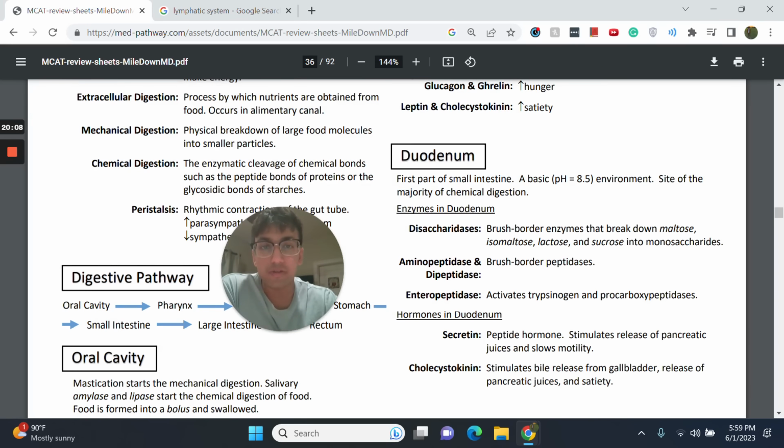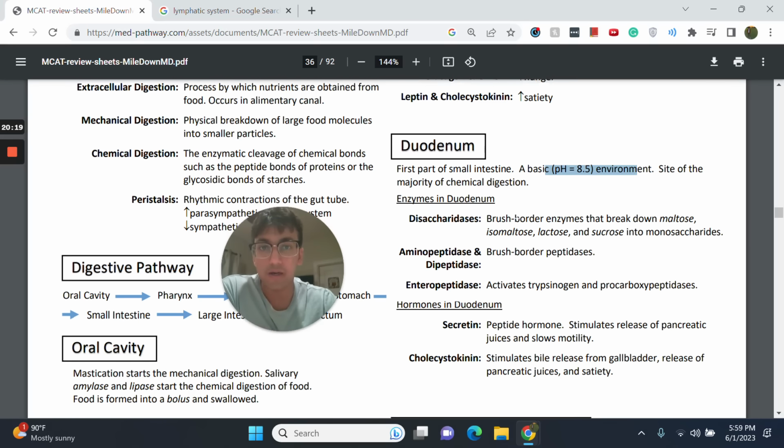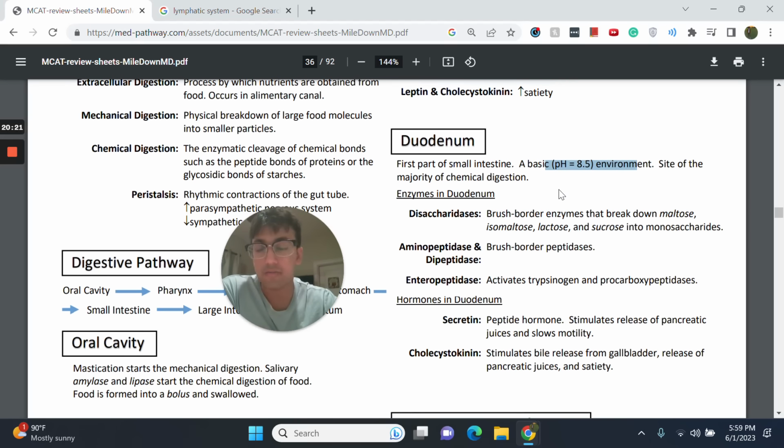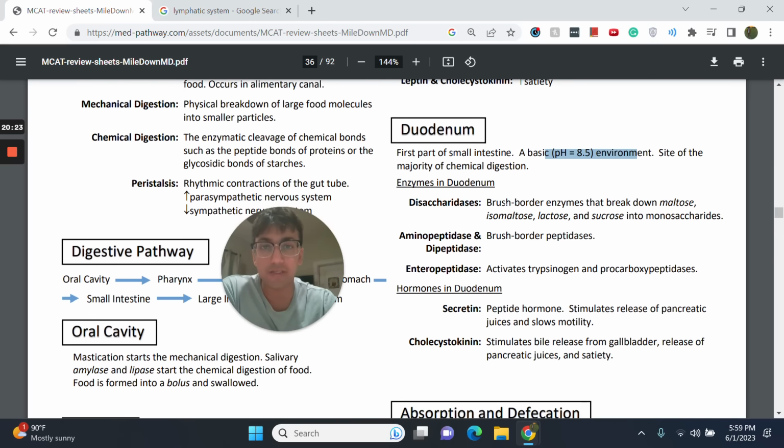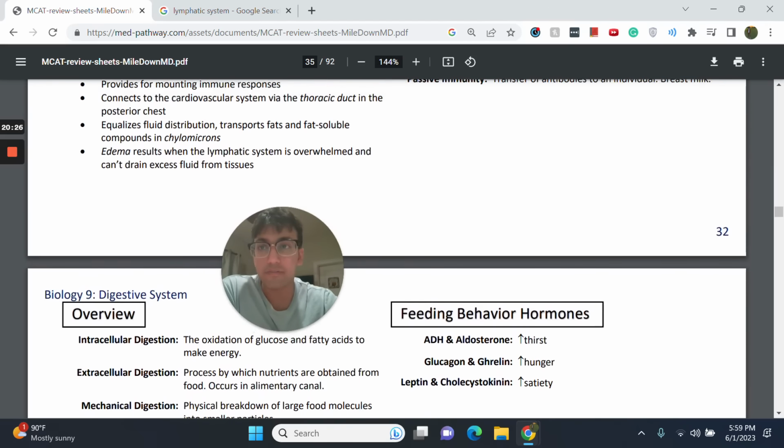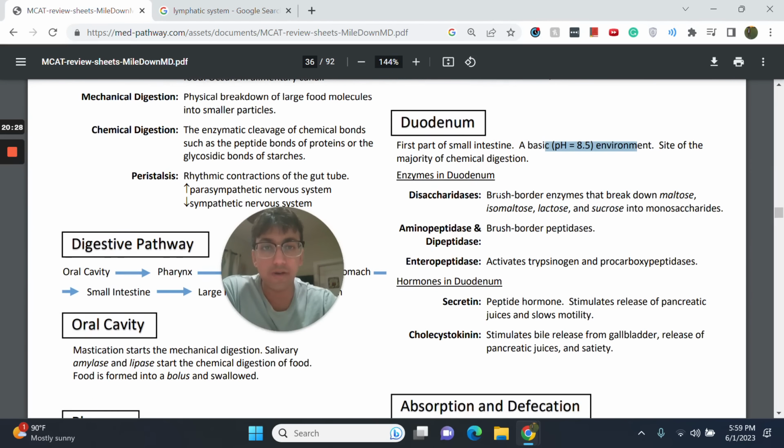The duodenum is the first part of the small intestine. It's very basic. It kind of needs to be, because that acid might come from the stomach, and you don't want the duodenum to be damaged from that acid, right? So you have disaccharidases, you have aminopeptidase and dipeptidase, and you have enteropeptidase.